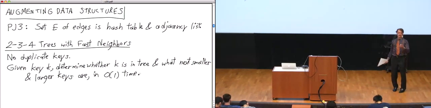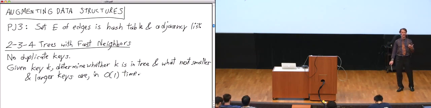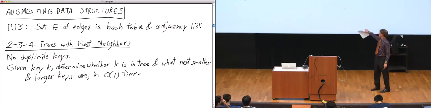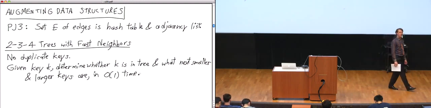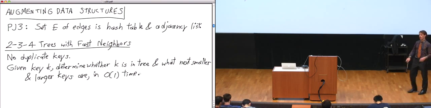So, in other words, the two keys that are closest to K, one being larger and one being smaller. And we're going to call those two keys the neighbors of K. And I want to be able to do this query in constant time rather than log n time. But I still want to do all the traditional 2, 3, 4 tree operations like insert and remove in log n time.